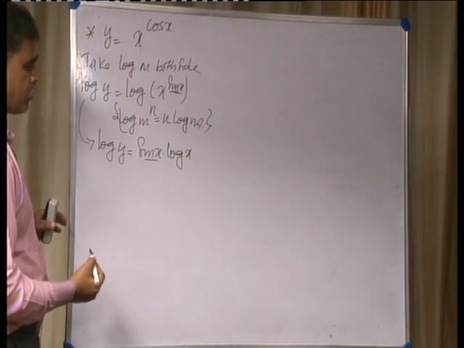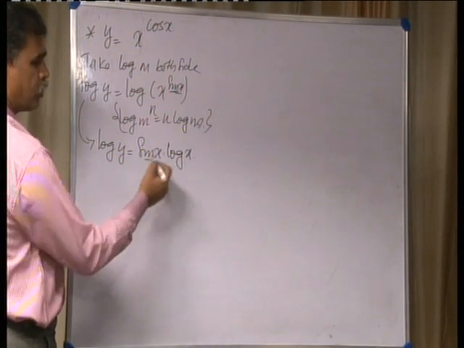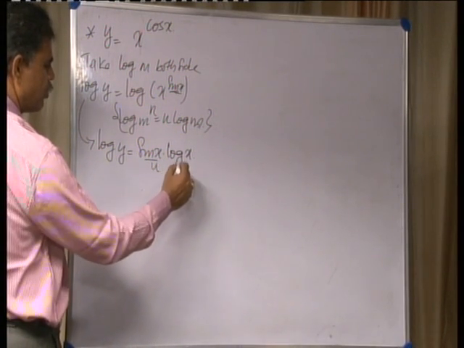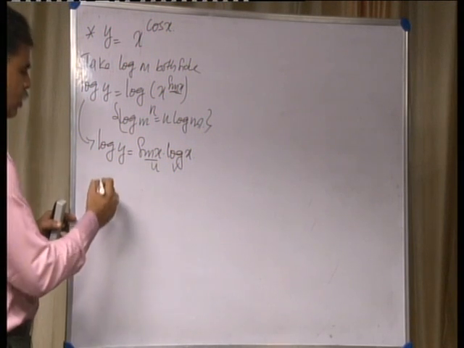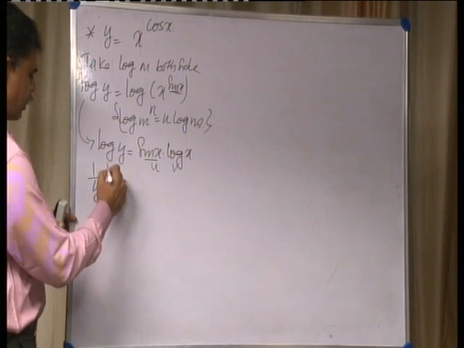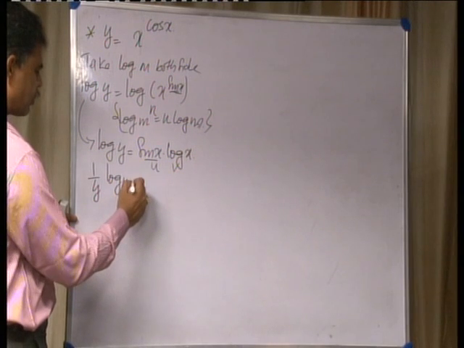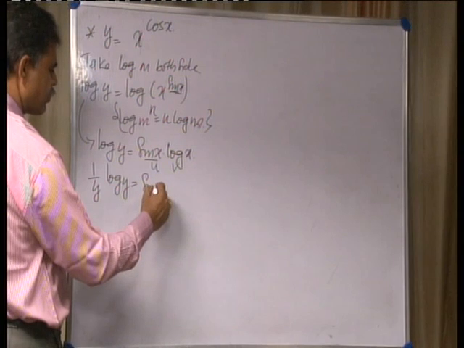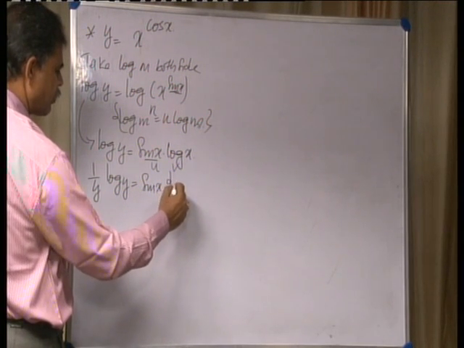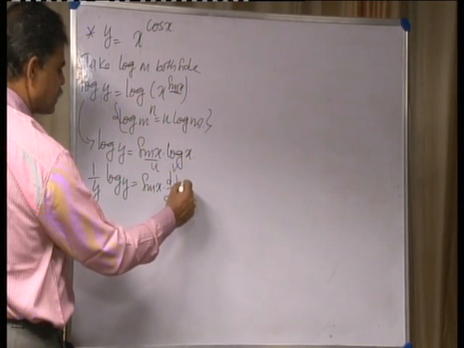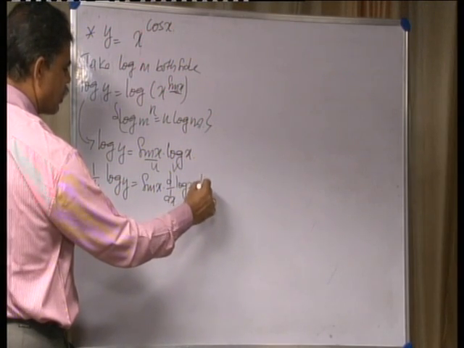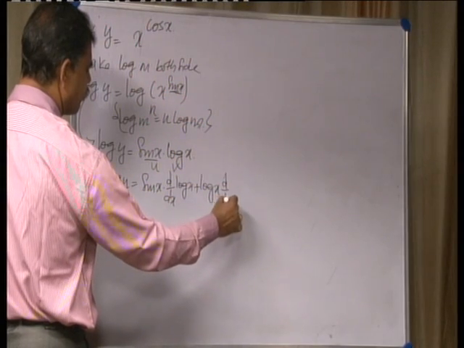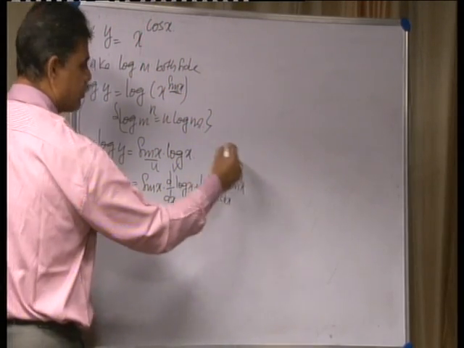How to get its derivative? You differentiate on both sides with respect to x. The right hand side is of the form u into v, product rule. Therefore, 1 by y into, log y is an implicit function. Product rule says that keep first function as it is, differentiate second function, plus keep second function as it is and differentiate the first function sin x.